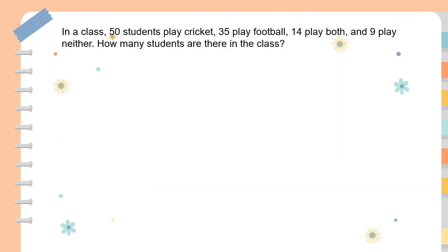So the next question is, in a class 50 students play cricket, 35 play football, 14 play both, 9 play neither. So this is some kind of disjoint. Let me erase here.